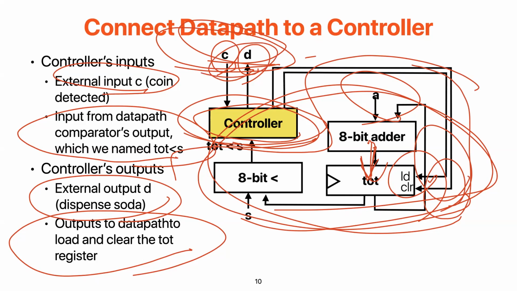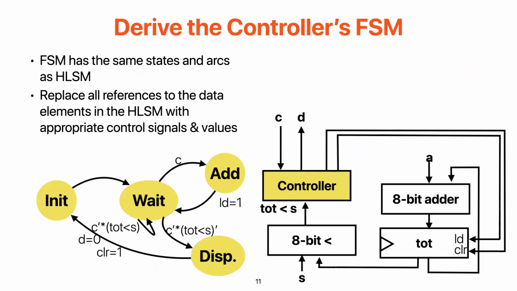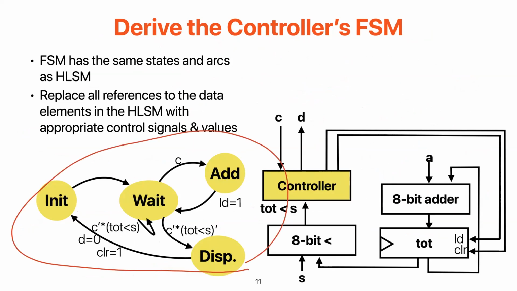With this, you can finally get the finite state machine. And the finite state machine is actually nothing too different from your high-level state machine, as you can tell from here. This is actually the controller's finite state machine. So you still have the same number of states, right?